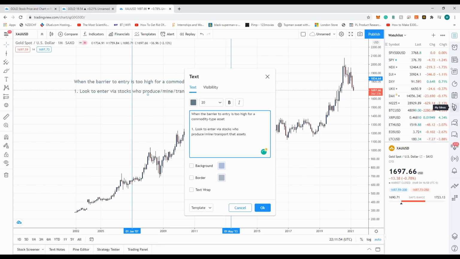With the transport being the weakest ones, especially those that transport that asset, for example.